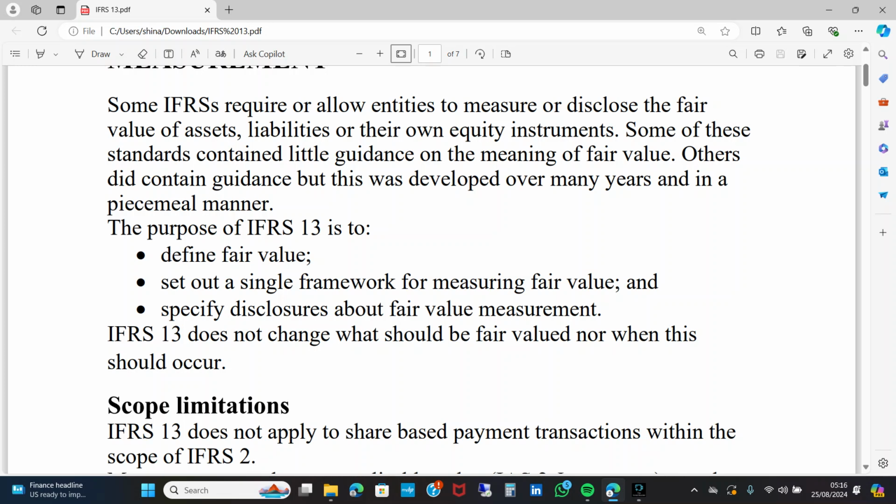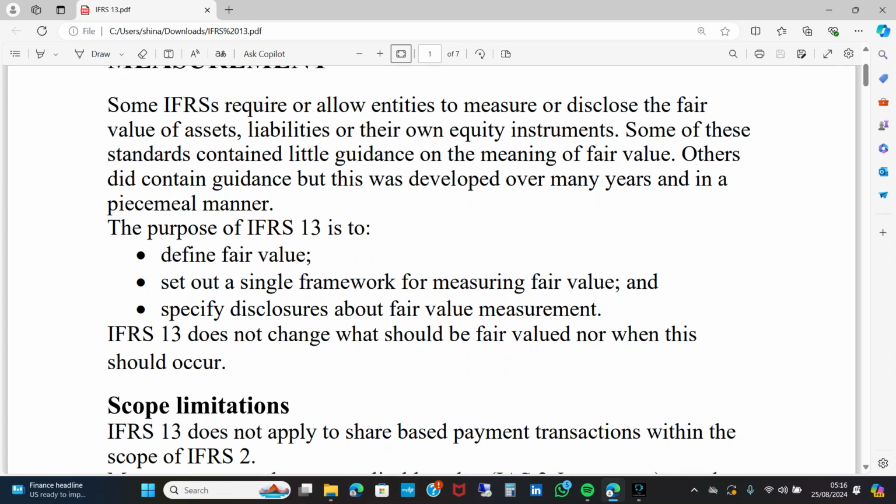Please note that IFRS 13 does not change what should be fair valued, nor when this should occur. That's why most times we say that IFRS 13 is more of a theoretical standard. IFRS 13 is not the one that will tell us how each item should measure fair value. For example, let's say IAS 16 now. You know we have the cost model and the revaluation model, what you call the fair value model.